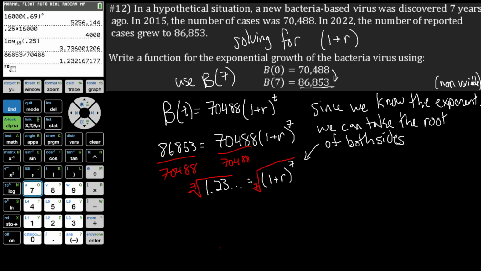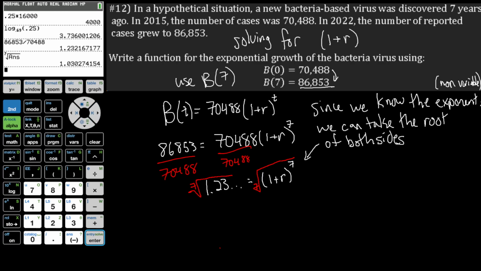So I type in 7, and instead of having to type out that entire 1.23 and all of those values, I can say, in this spot, second negative symbol, and it's going to pull my previous answer. So if you're ever unsure what your previous answer is, you just hit up on the arrow key, and it will say, hey, this is your entire answer, so that's what it's going to take the 7th root of. I hit enter, and that's going to be my answer.